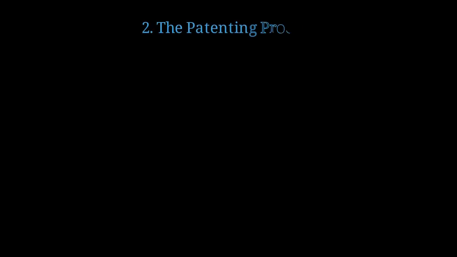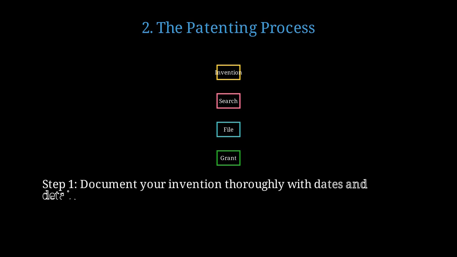Let's walk through the actual process of obtaining a patent for your invention. The patenting process has 4 main stages: documenting your invention, conducting a prior art search, filing the application, and waiting for the grant. Step 1 is to document your invention thoroughly. Keep detailed lab notebooks with dates, signatures, and witness confirmations.